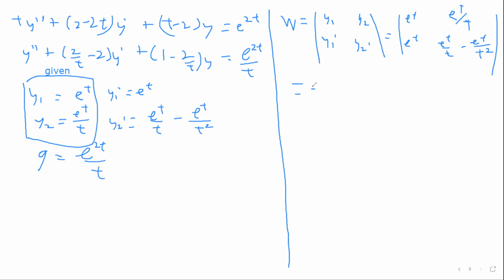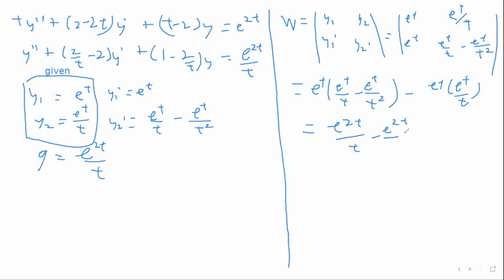So this is equal to e to the t times e to the t over t minus e to the t over t squared, minus e to the t over t times e to the t, which is equal to e to the 2t over t minus e to the 2t over t squared minus e to the 2t over t.